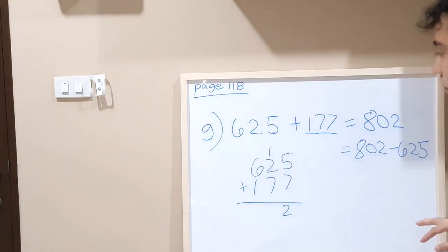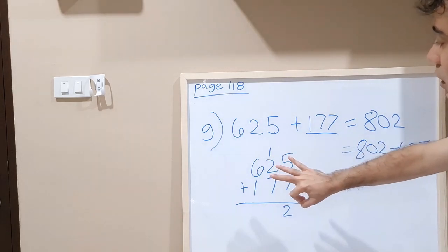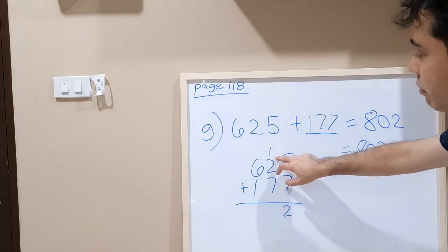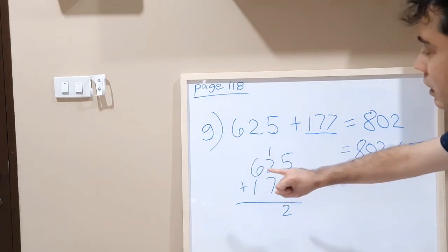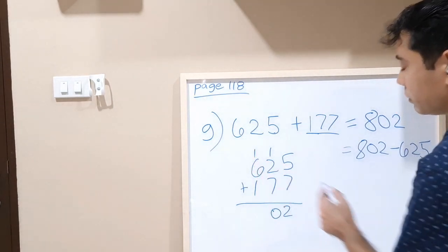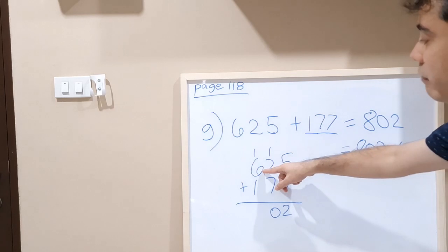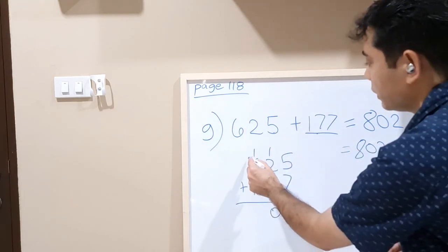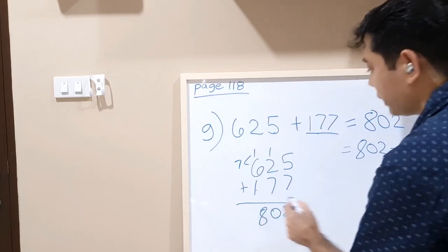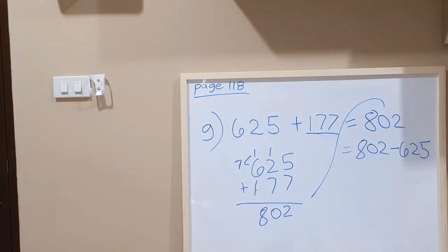Carry 1. 1 plus 2, 3. 3 plus 7, 7 in your mind, and then 3. 7, 8, 9, 10. Carry 1. 1 plus 6, 7. This is 7. 7 plus 1, 8. So it's the same. And that is the answer.